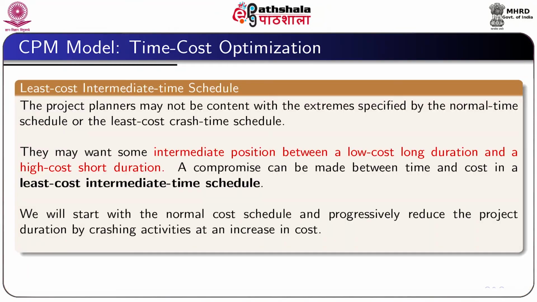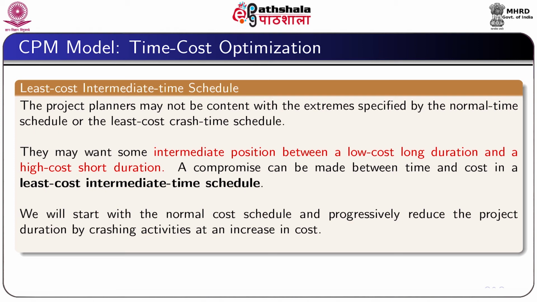But in the compromise solution, that is the least cost crash time schedule, the duration remains 15 weeks, but we are able to reduce the cost to 45,000. Thus, the compromise solution may be more acceptable than the two extreme solutions, that is the normal time schedule solution and the crash time schedule solution.